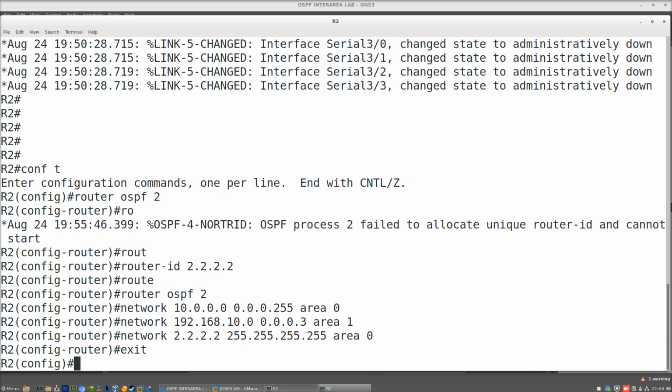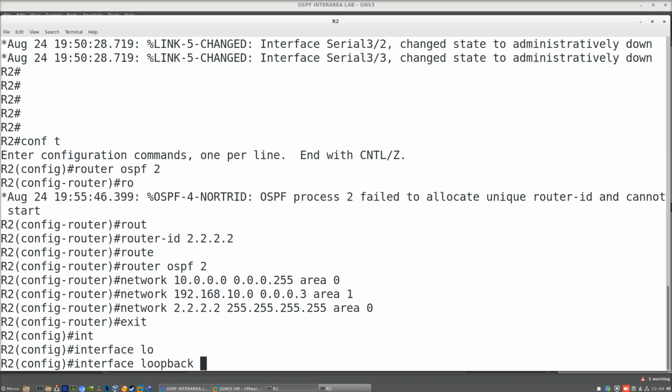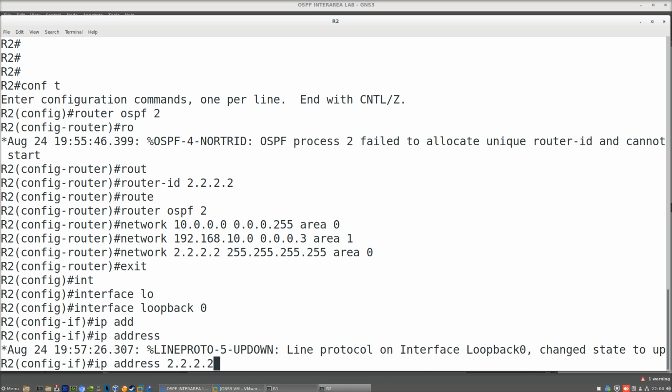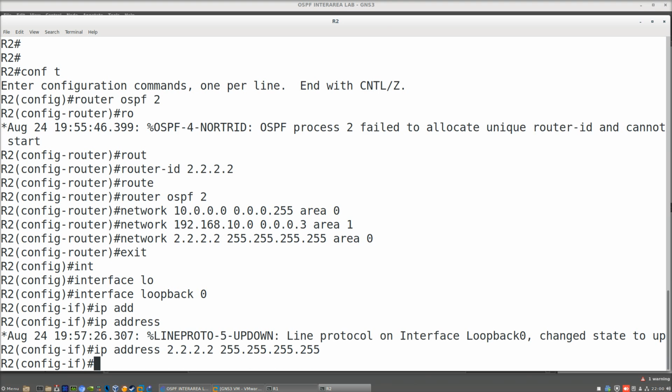Now we should put the interfaces. Interface loopback 0, IP address 2.2.2.2 and 255.255.255.255.